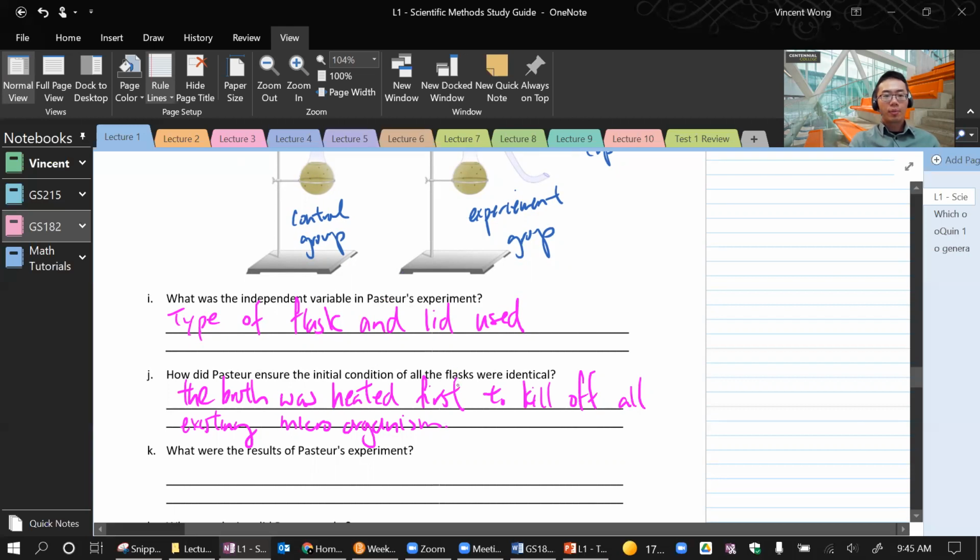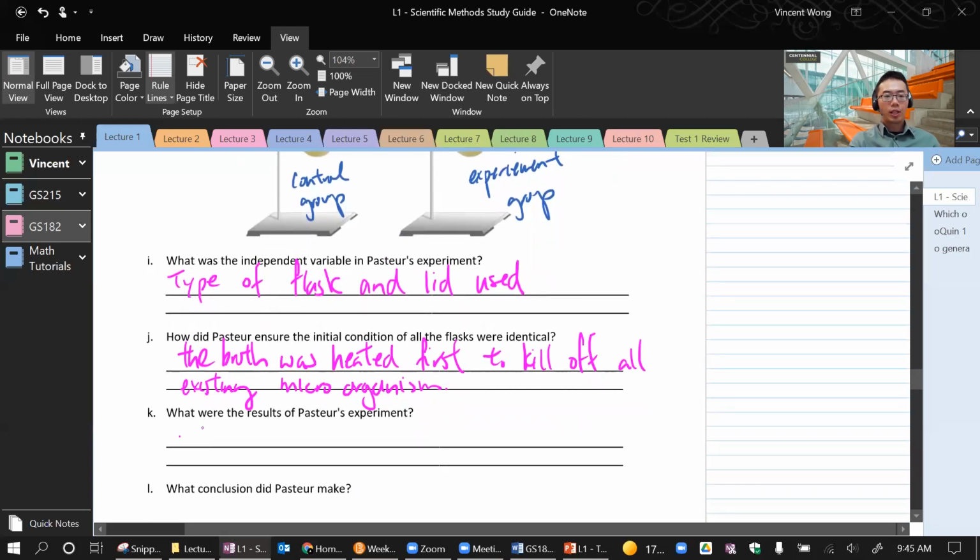What were the results of Pasteur's experiment? Well, as you would expect, microorganisms were found in the control, but not the experimental group.